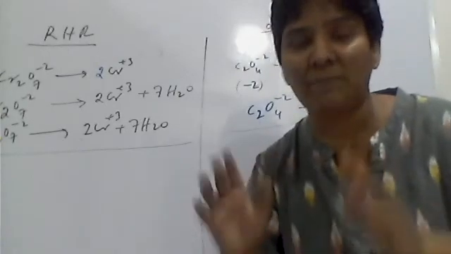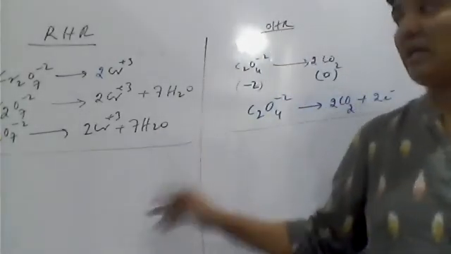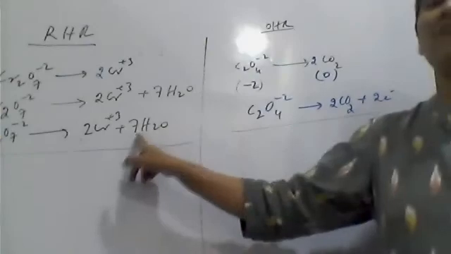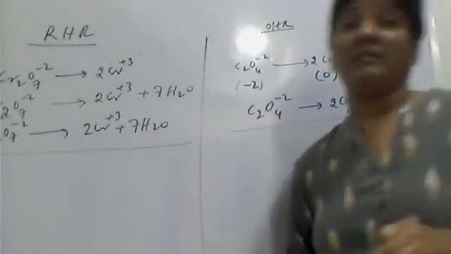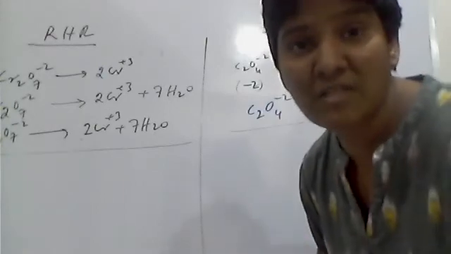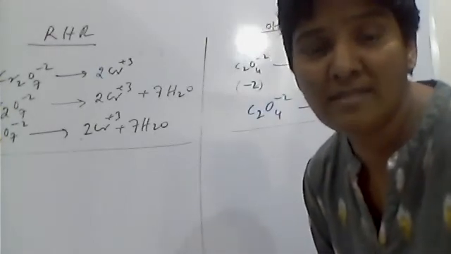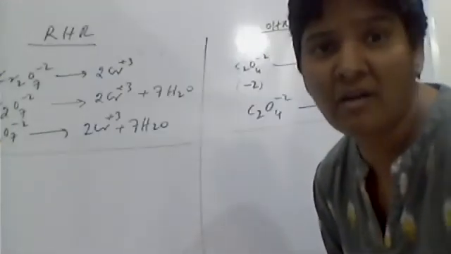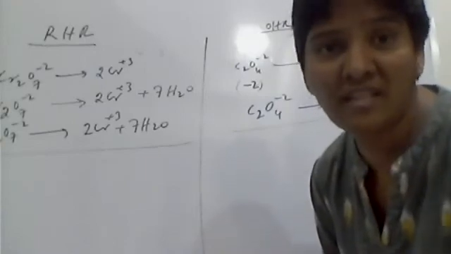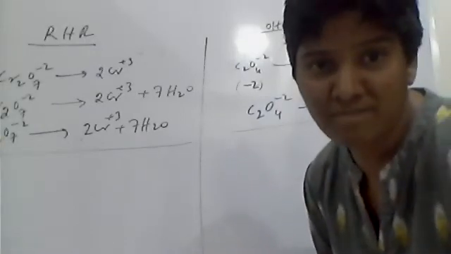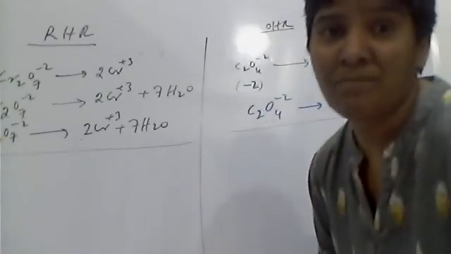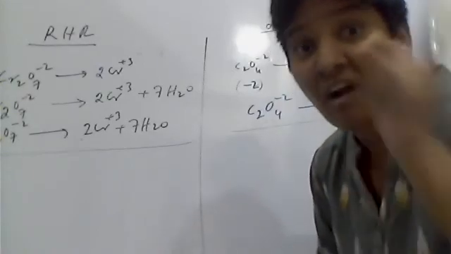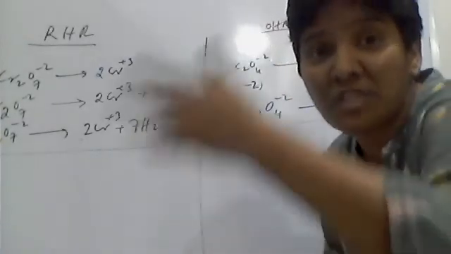So a very, very important step is what? Equate the number of electrons. This is the special step seen in the half reaction method, or ion electron method. You can't see this in the oxidation number method, because in the beginning we cross multiply the RHR and OHR with the oxidation number changes of the opposite reaction.